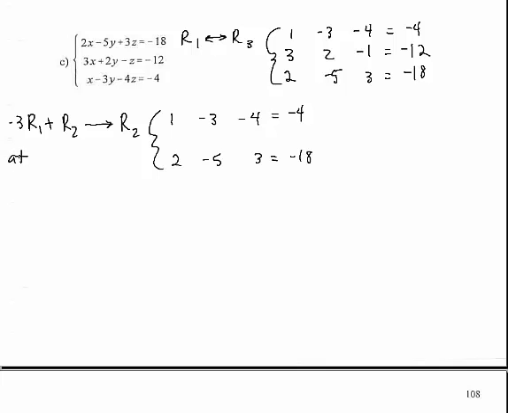For A, I have negative 3 times row 1, A, plus row 2, 3. Well, that equals 0. I'm not going to get an x term here. For B, negative 3 times negative 3 plus 2 equals 11.